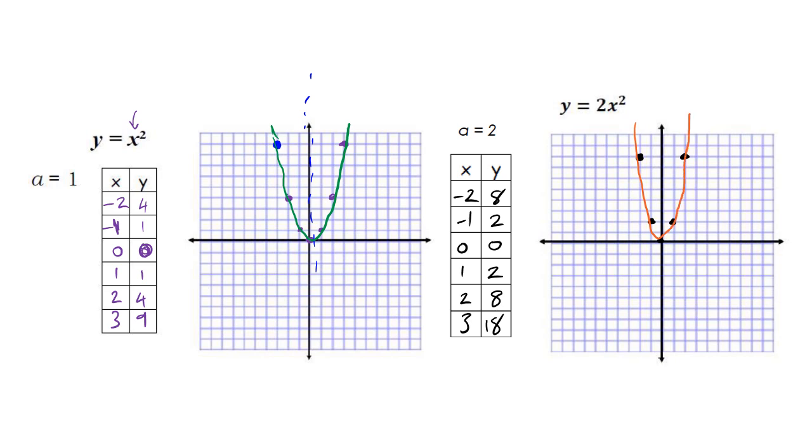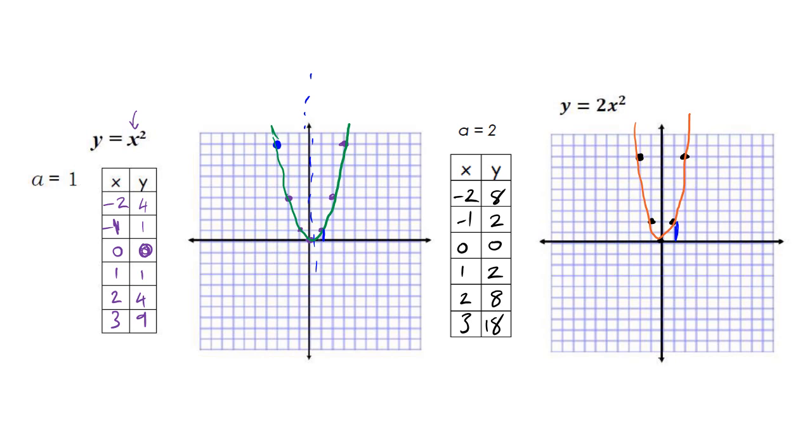We can clearly see that the new function is narrower than the parent function. We can see the differences by comparing the vertical stretch or compression. When I look at the y values, the y value for x equals 1 is 1 on the original. In the second one, the y value goes to 2.